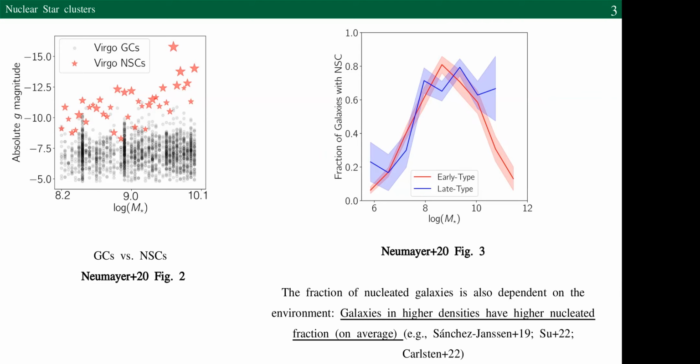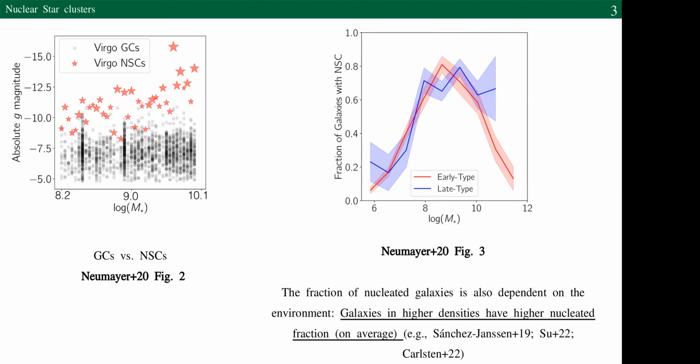You can see this in the left panel, comparing the luminosity of nuclear clusters versus globular clusters in galaxies in Virgo for galaxies at a given stellar mass. They also have significant differences in their stellar populations. I will talk a bit on that later. But also, and importantly, not all galaxies have a nuclear star cluster.